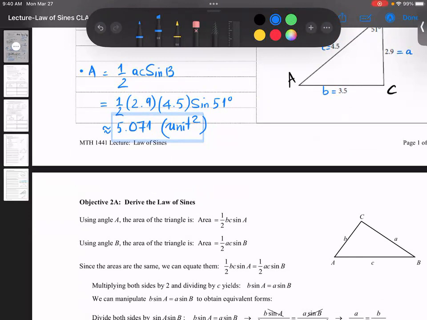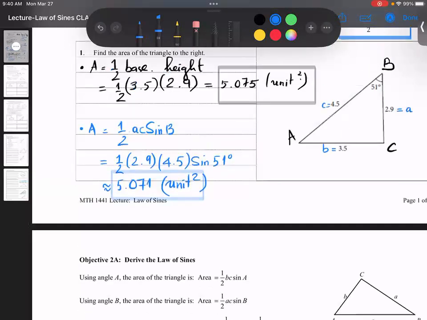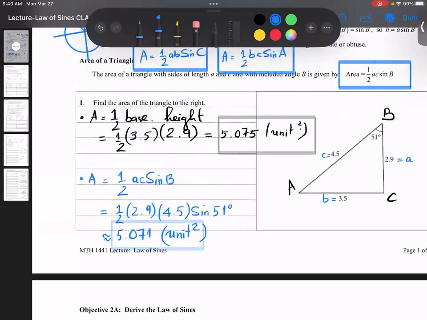Oh, the 1/2 base times height. Which one are you asking about? The black one? I want to check if my answer is the same if I use two different formulas, because they're equivalent. The first one is the one everybody knows from high school and middle school: area equals 1/2 base times height.